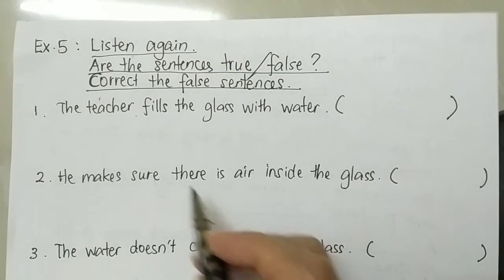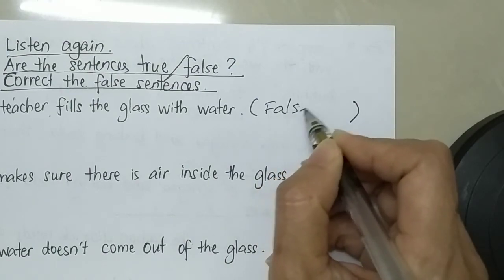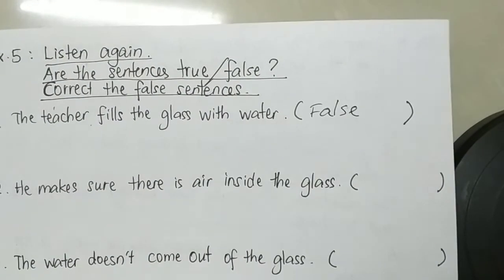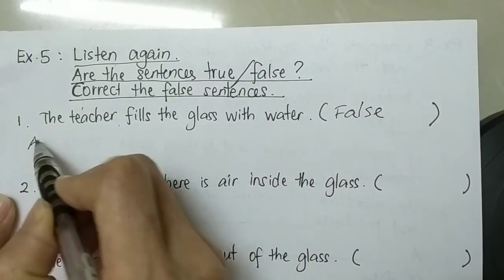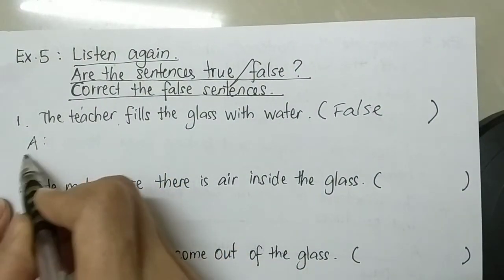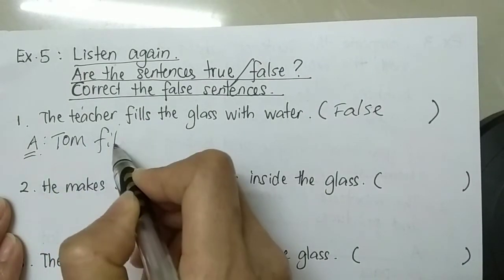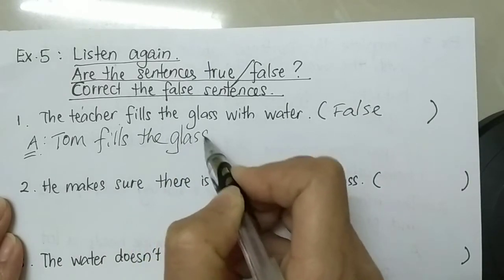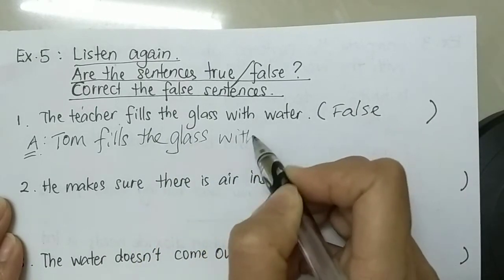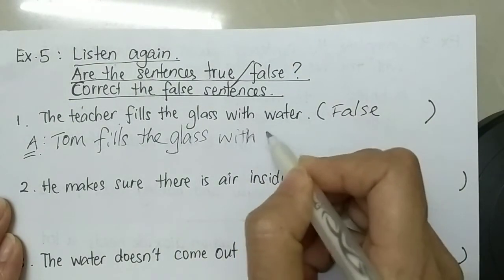So here, false, because it is not the teacher, but it's Tom. So we need to write out the correct answer. You write out A for answer. So you write down: Tom fills the glass with water.